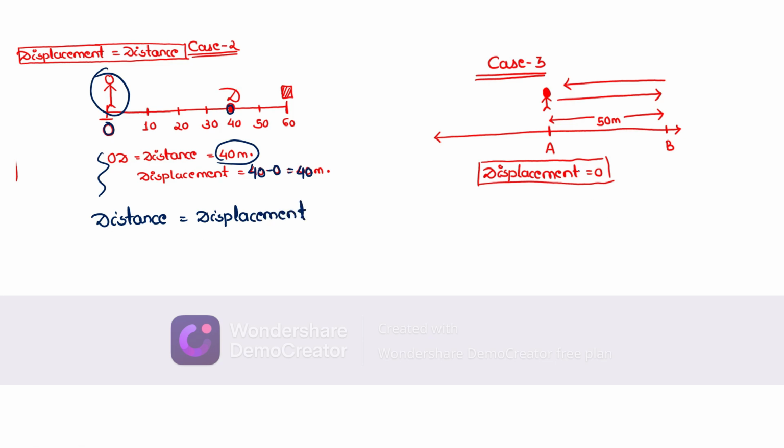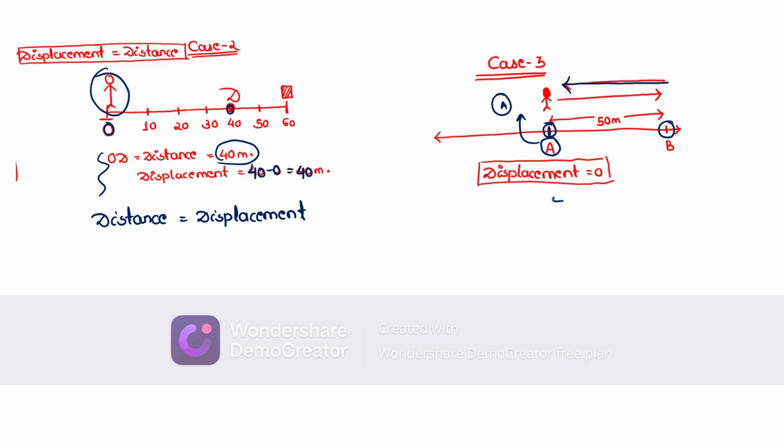In case 3 we will discuss how displacement can be 0. Here the person is walking from A to B. Again he returned from B to A. So the initial position is A, and the final position is also A. Displacement is final position minus initial position.